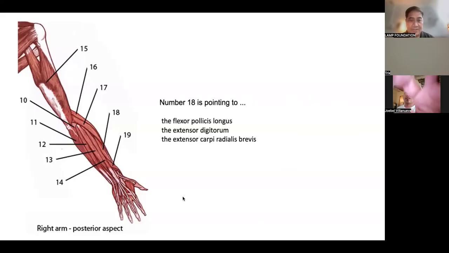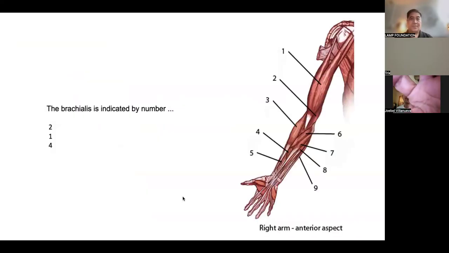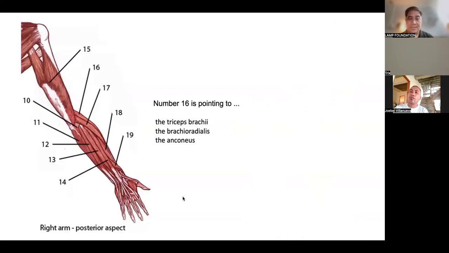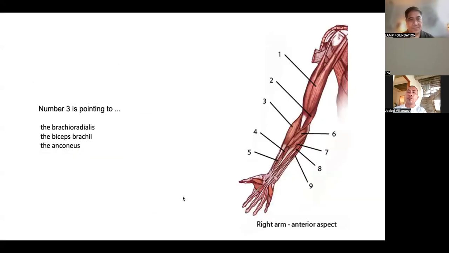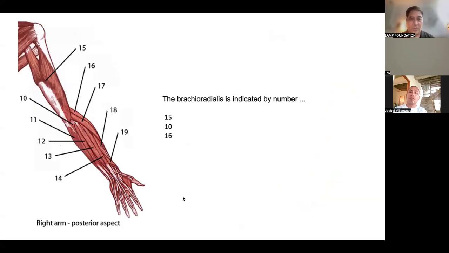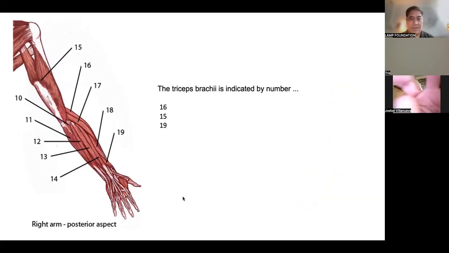Number 18, the extensor carpi radialis brevis. Brachialis, number 2. Number 16, the brachioradialis. Number 3, brachioradialis. Brachioradialis is what number? 16. Triceps brachii, 15.